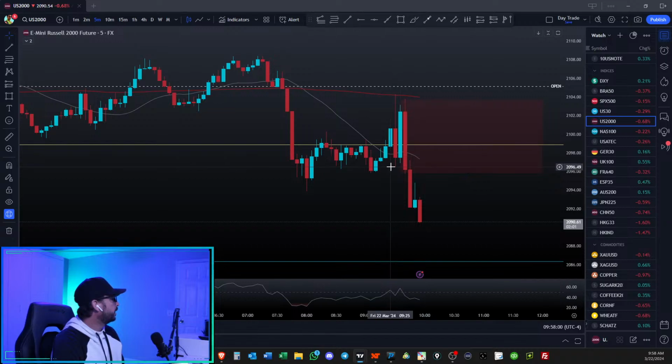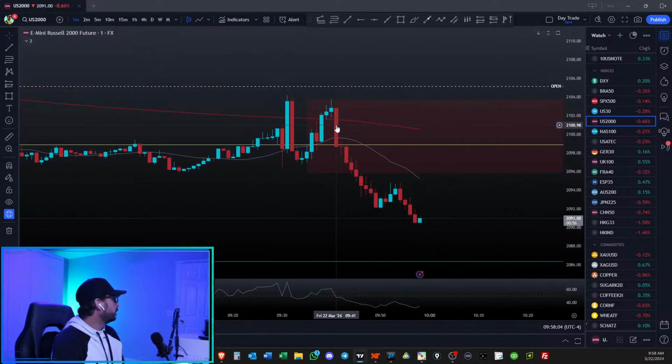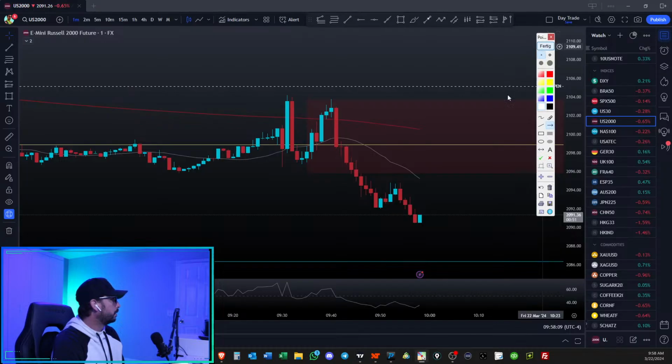And then in a 1 minute, any pullback to this area, rejection, I enter over here. I like this sell zone right there.